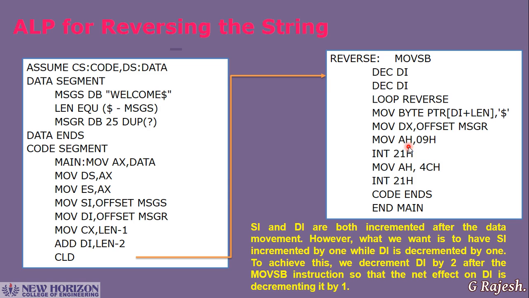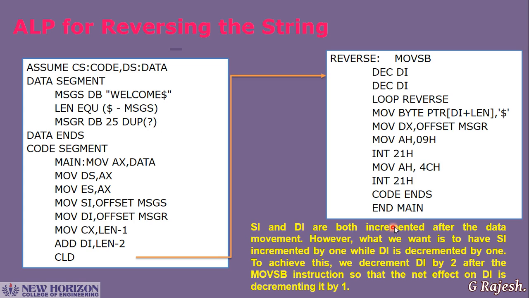And once the $ sign is found by this display routine, it will stop displaying the characters. So that is why we are using the $ sign. We can't use any other sign for this. Okay, so now we are coming out of this display routine, and then we are terminating the program with the help of the 4CH subroutine, with the help of interrupt 21H. Then code ends in main.